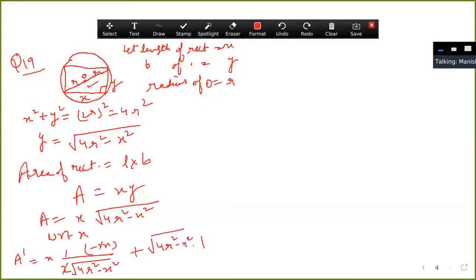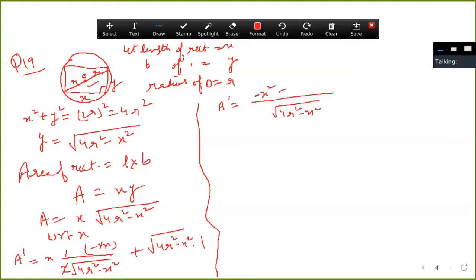When you take LCM, A dash is equal to, take LCM, that LCM is root 4r square minus x square, it becomes minus x into x, x square, plus 4r square minus x square, because the roots are cancelled. Now it becomes 4r square minus 2x square upon under the root 4r square minus x square.